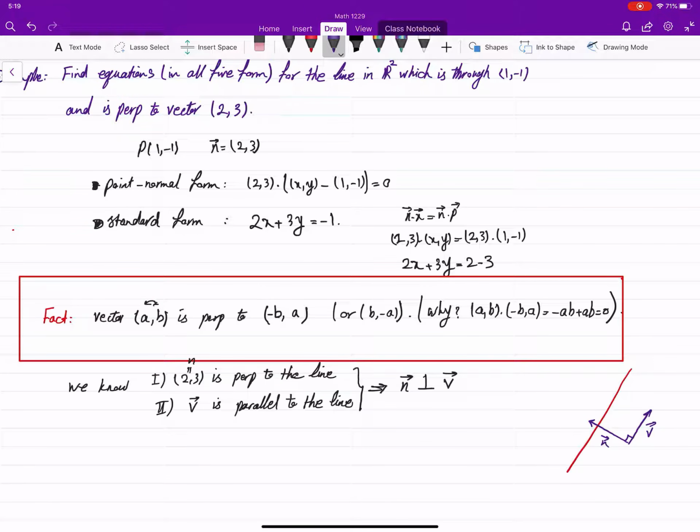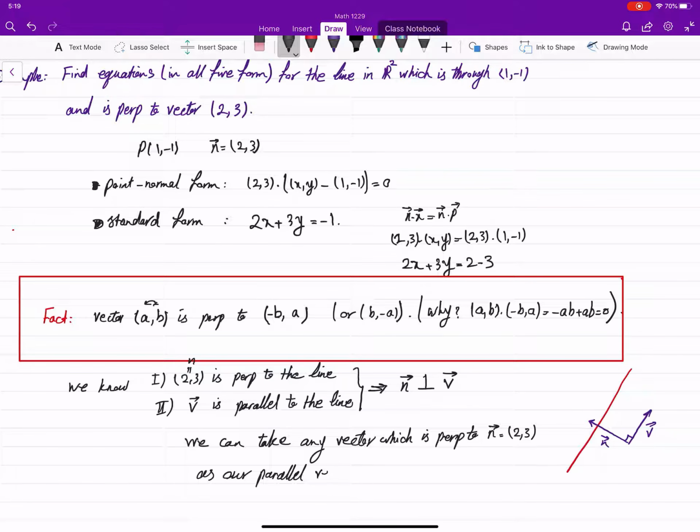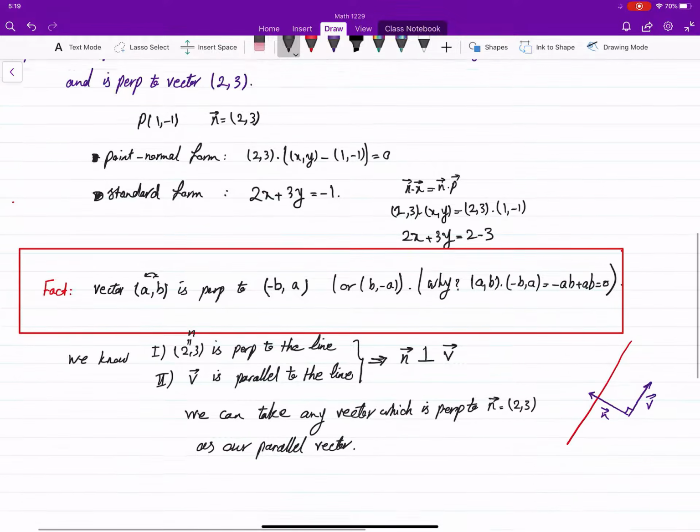In other words, we can take any vector which is perpendicular to n as our parallel vector. Very nice.